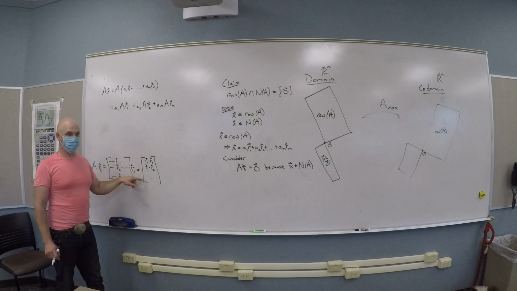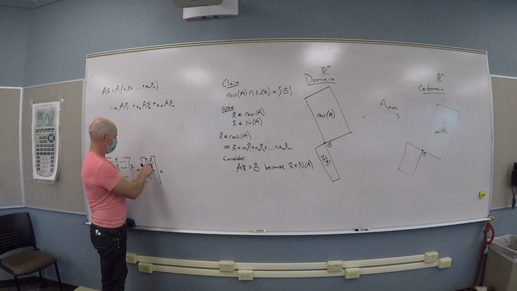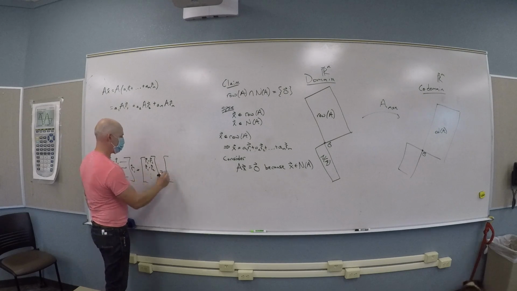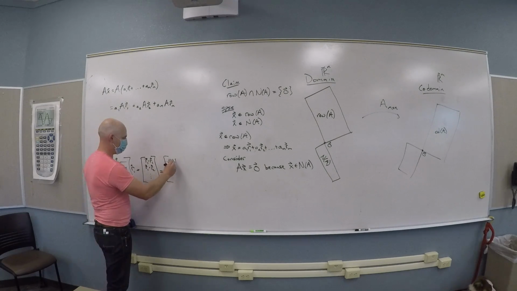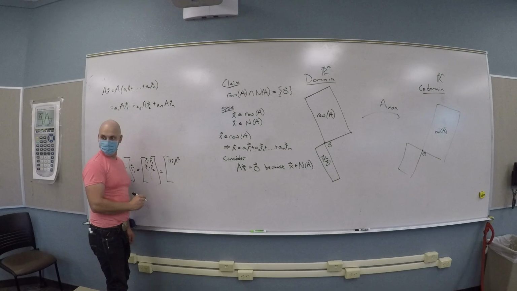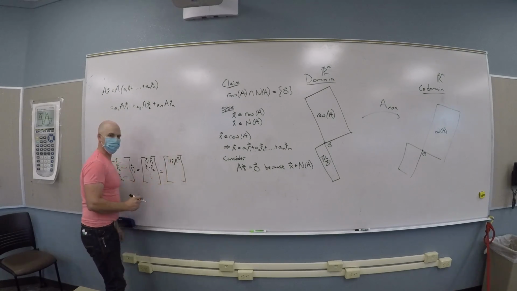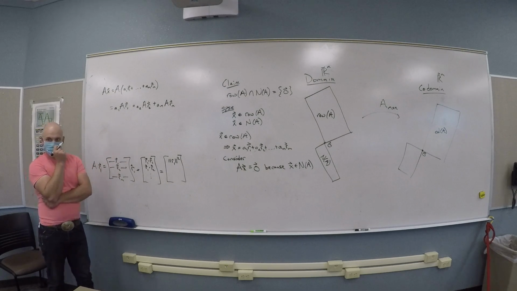You guys see that? But I do know that R1 dotted with R1 is going to be the magnitude of row 1 squared. And then I don't know what's in the rest of these. You guys see this?